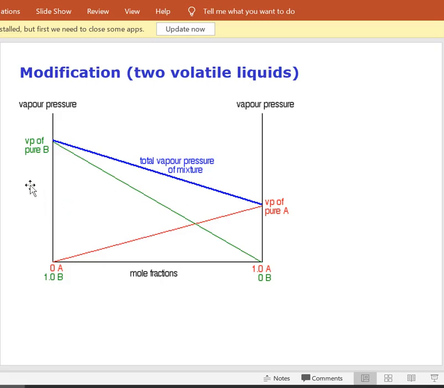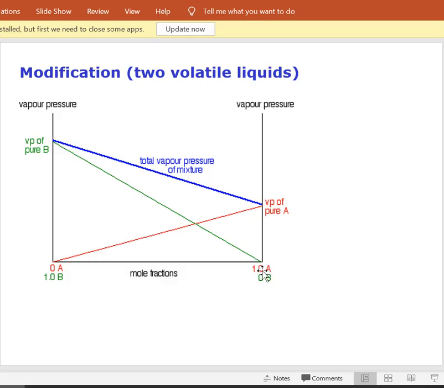If we plot a graph of vapor pressure versus mole fraction, according to Raoult's law, vapor pressure is directly proportional to mole fraction. If we take two components A and B, for the component A, vapor pressure is directly proportional to mole fraction. If we increase the mole fraction, vapor pressure increases in case of A, and vapor pressure of pure solvent becomes 1.